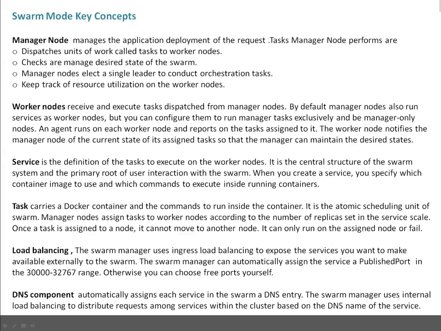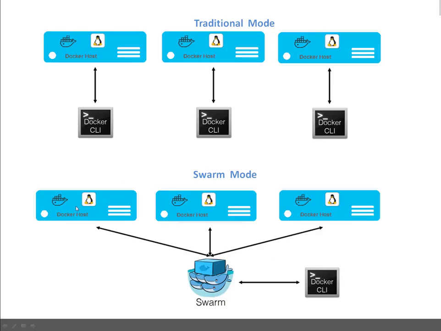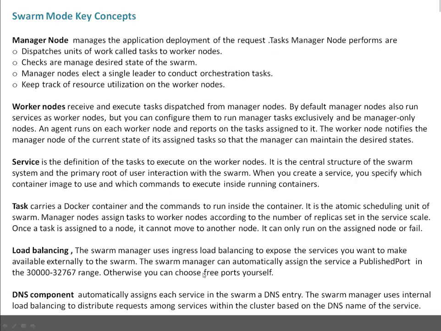Next, worker nodes. Worker nodes are basically the hosts. Let me go to the previous slide quickly. These are the worker nodes. This is a worker node, this is a worker node, this is a worker node, and this particular node is the Swarm manager. Worker nodes receive and execute tasks dispatched from the manager node.